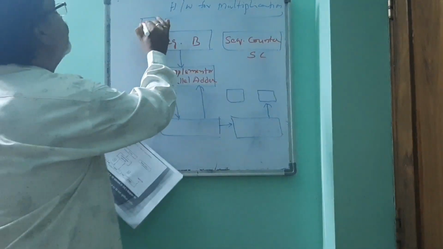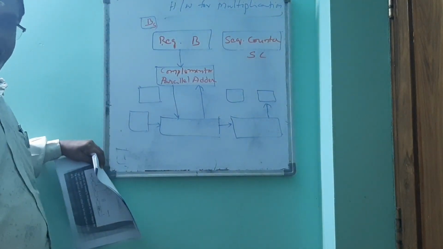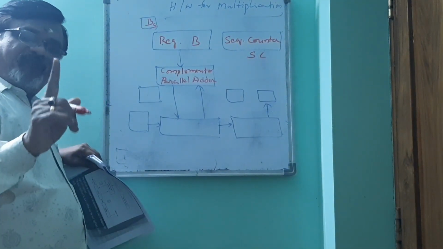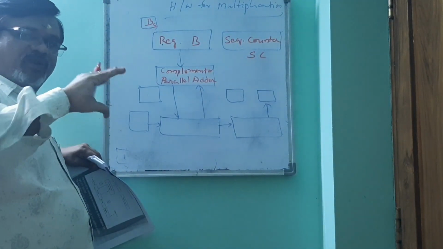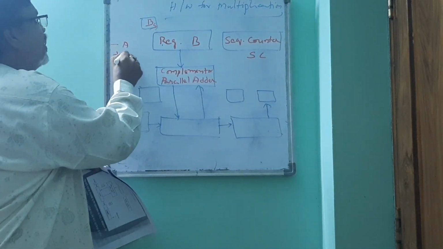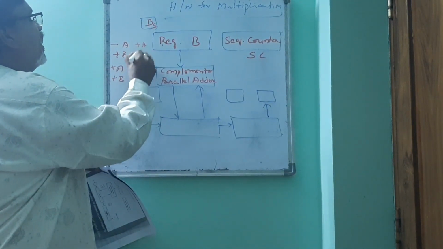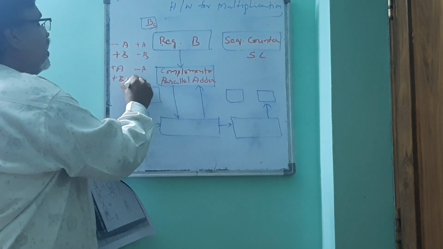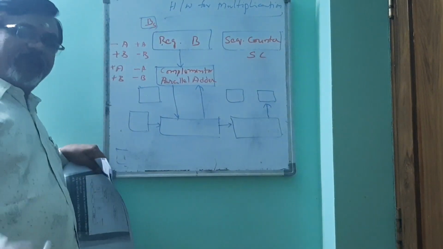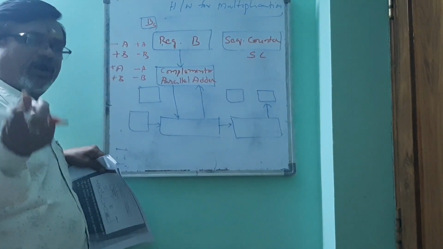Okay, here we need one flip-flop that contains the sign bit of B. So sign bit of B means here, as usual, again see how we are performing addition and subtraction for two different signs, like minus A and plus B, or plus A plus B, and plus A minus B, and minus A and minus B. Here also, multiplication we will perform between two positive values, between two negative values, and one negative and one positive value.